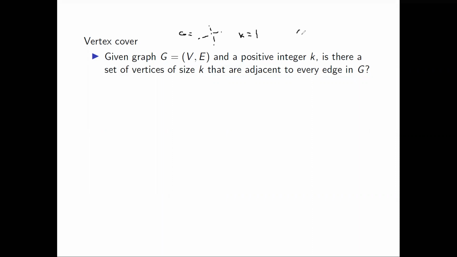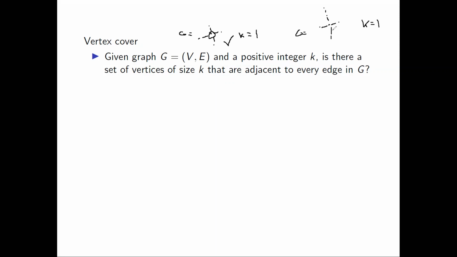Over here, we'll say G equals this graph, and k equals 1 there. So is there a set of vertices of size 1 that are adjacent to every edge in G? Here, there are. So we found a vertex of size 1 there. It's adjacent to every edge. Every edge touches that vertex. Every edge contains that vertex.